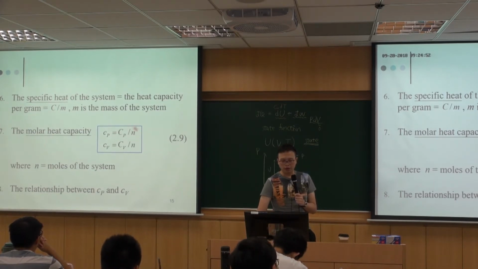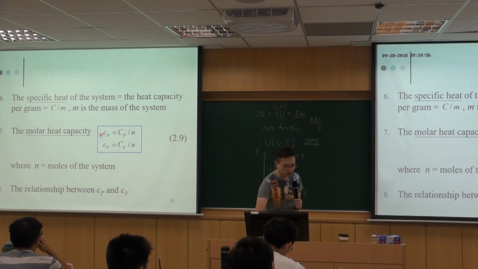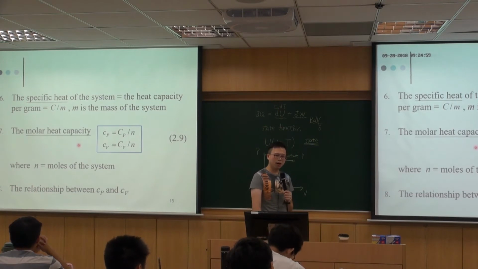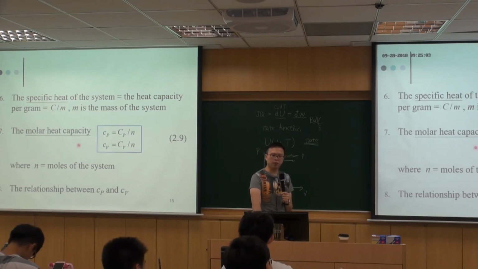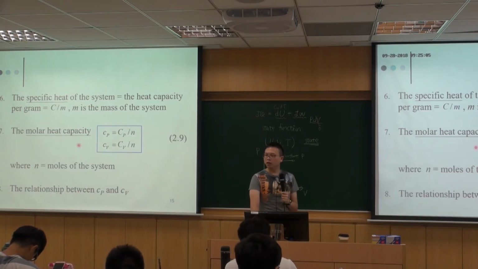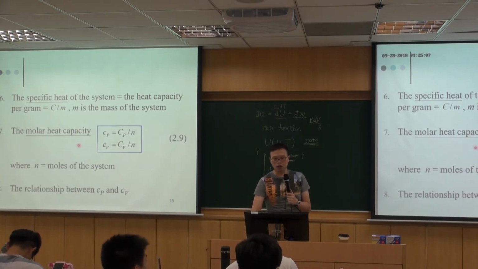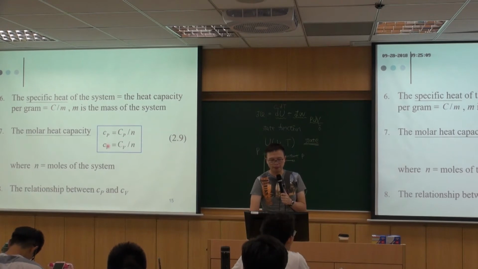And it is typically written as n, like the small n over here. So these two physical quantities are more relevant to what we're going to see in the textbook, because there are a lot of calculations that are based on small Cp and small Cv.